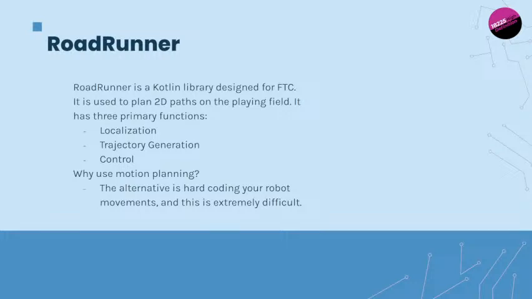Motion planning is really useful with built-in libraries like this because the alternative might be hard coding your movements, which would be really difficult. The plus to Roadrunner is that everything's built in, so all you have to do is tune it every time you use Roadrunner. Once you tune it, the robot will move correspondingly.